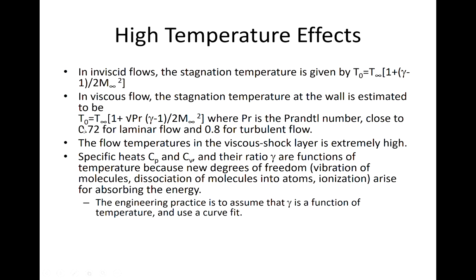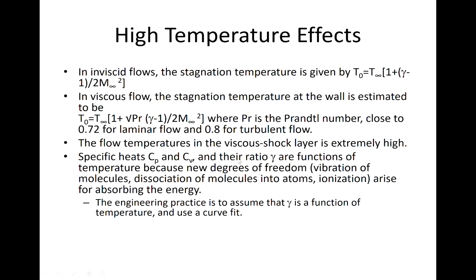By the way, inside the boundary layer, the temperature is also affected by the Prandtl number. For laminar flow, the Prandtl number is 0.72. For turbulent flow, it's 0.8. So the square root of 0.8 is roughly 0.9. So the temperature at the wall in viscous flow is lower. Again, this gamma can no longer be treated as a constant.